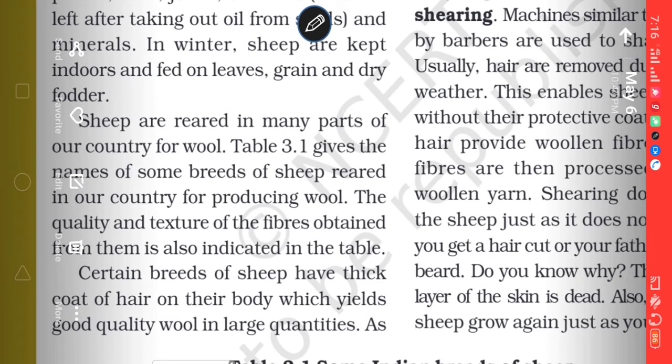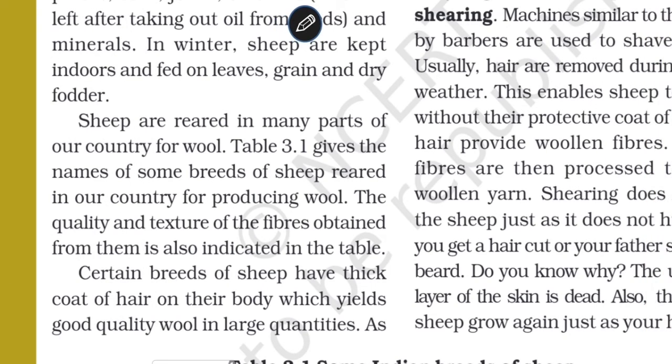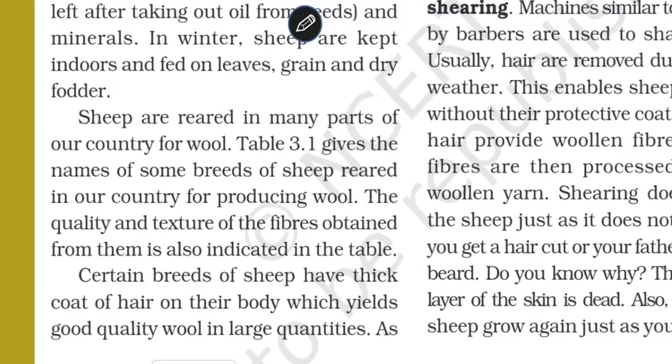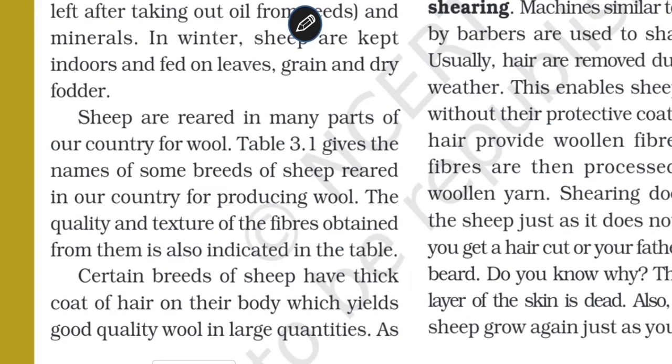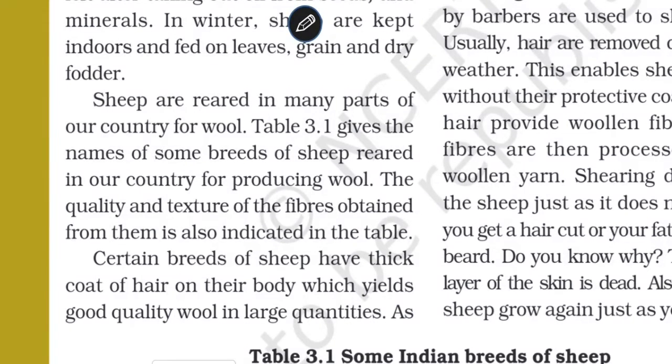Isn't it? The quality and texture of fibers obtained from them is also indicated in the table. Yes, some of the different qualities and the different varieties of clothes which we make from the fibers of different animals have already been discussed. Certain breeds of sheep have a thick coat of hair on their body which yields good quality wool in large quantities.